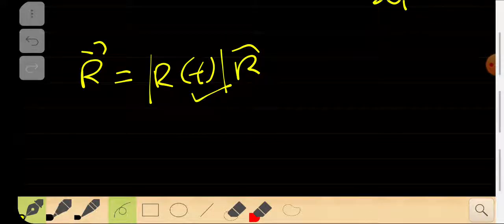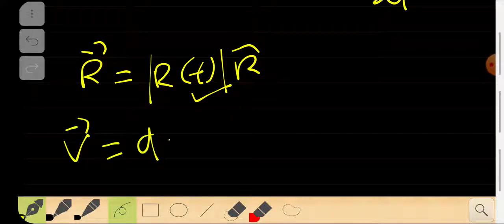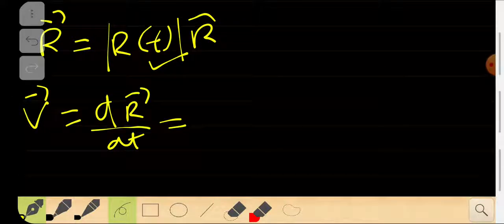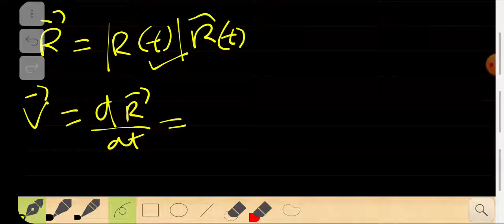Now when you calculate the velocity vector, which is dr by dt, you have two functions which are both functions of time. So you have to apply the product rule.